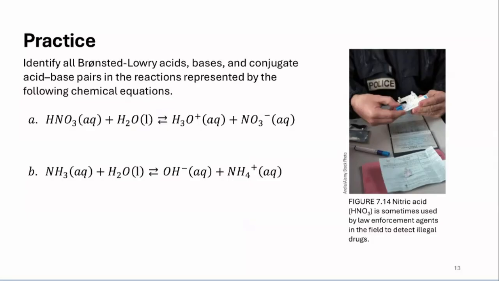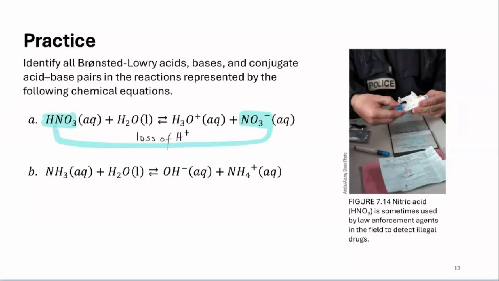So when we look at this reaction specifically, we can observe how HNO3 overall forms NO3 negative 1. That means that in the process of this reaction occurring, there is a loss of H plus because HNO3 had a hydrogen in the reactant and then in the product it lost it.